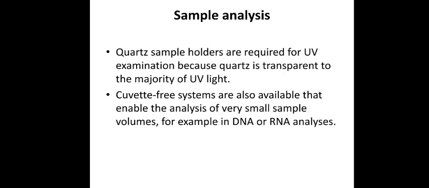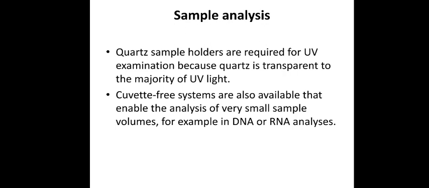And sample analysis is done by using a cuvette, which is usually made of quartz, because the cuvette in which you have kept the sample should not be absorbing. So it should not absorb the wavelength which you are using. Because if your sample holder is absorbing a certain wavelength of light, then you won't be able to actually analyze the concentration of your sample.